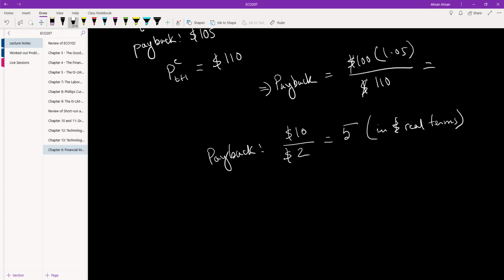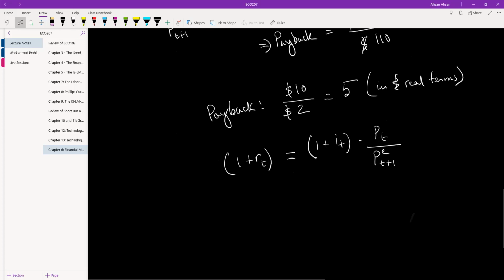So the important equation from this chapter is this. The real interest rate is equal to the nominal interest rate times pt divided by pt+1e. Okay. Or we can simplify this a bit if you guys want to.